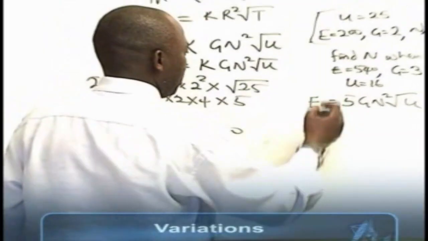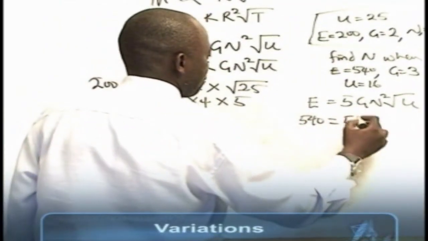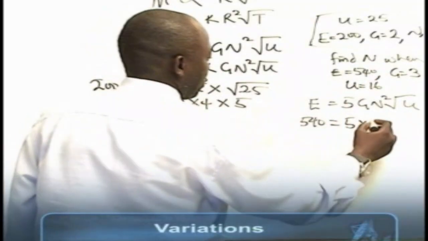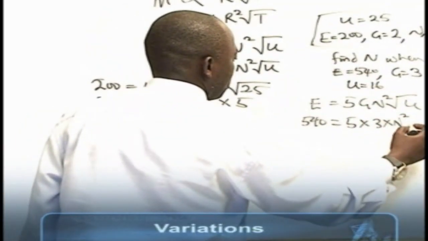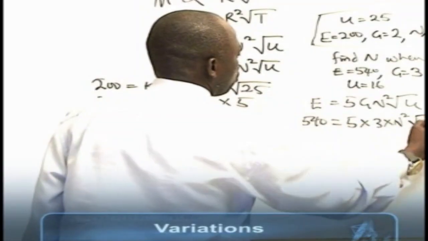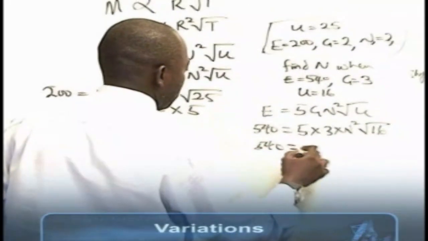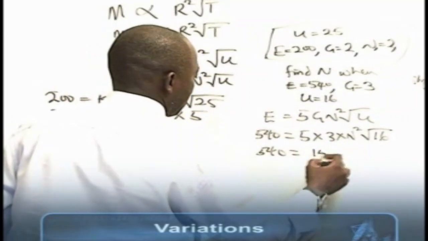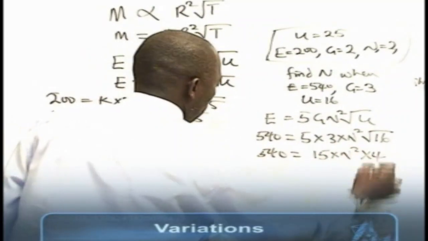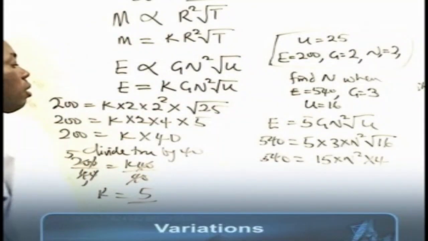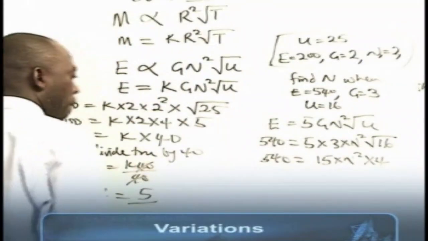So we have E equals 540, 5 times G, G is 3, N is unknown, we have N squared, and then we have root 16. Again, the next one, we have 540 equals 5 times 3, which is 15, times N squared times 4, because the square root of 16 is 4.